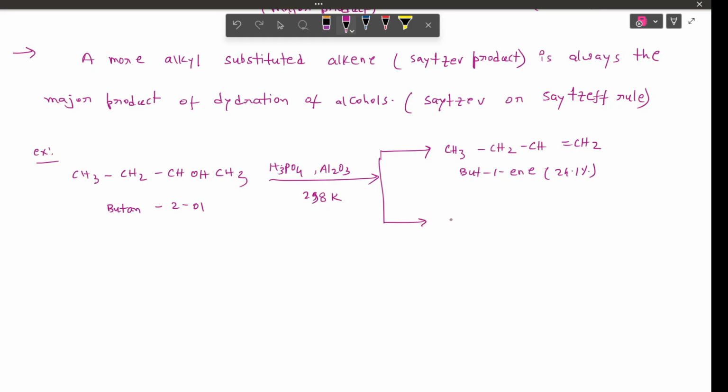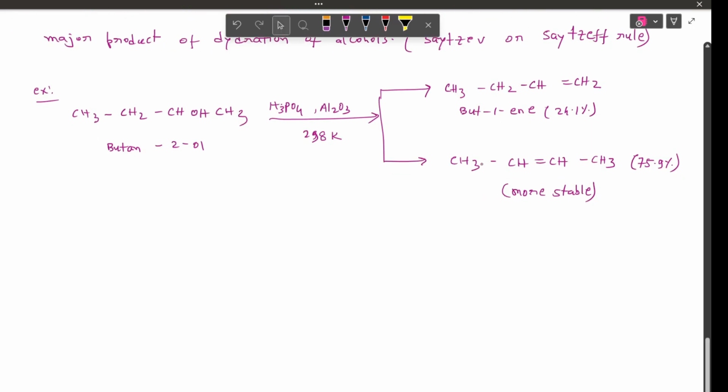And another product is CH3, CH double bond CH, CH3. This product is about 75.9%. So it will be more stable.